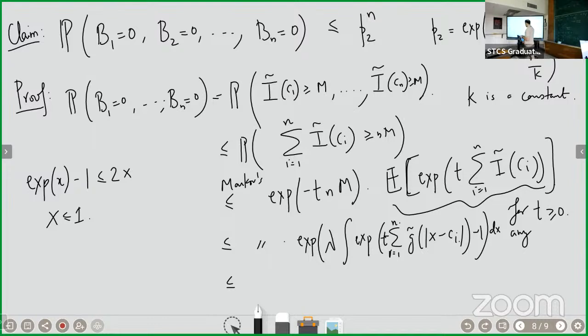If I apply this here, eventually I will get this. So this term is arbitrary. So t is essentially 1 by k.